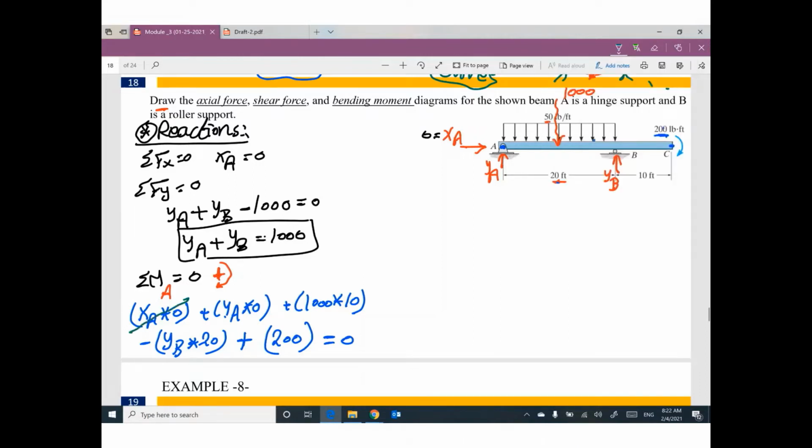This term will be cancelled. The only unknown is YB. YB will be plus 200 divided by 20, plus 500, which is 510. If you put YB equal 510 here, YA will be 490.